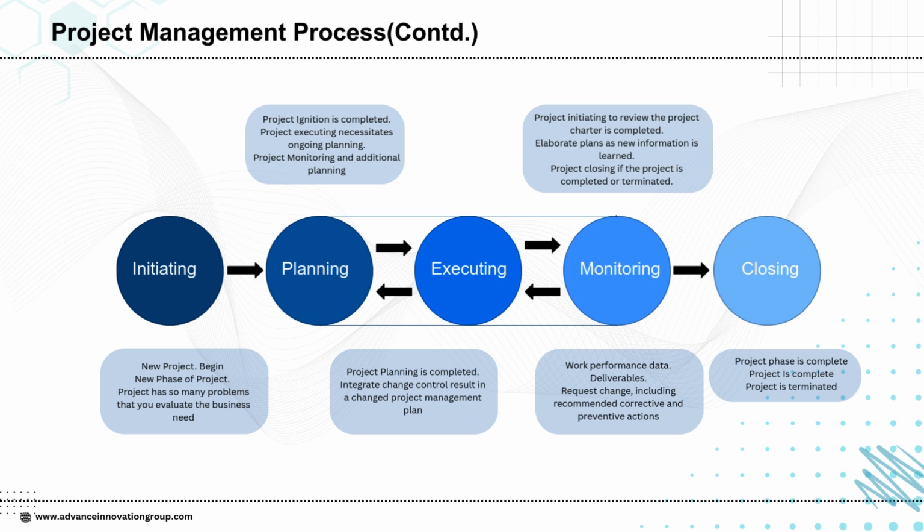Execution runs in parallel with continuous planning and change control, leading to updated project management plans. Monitoring involves tracking performance, evaluating deliverables, and recommending corrective or preventive actions. Finally, closing happens when a phase or the entire project is complete, or if it is terminated due to significant challenges or changing business needs.